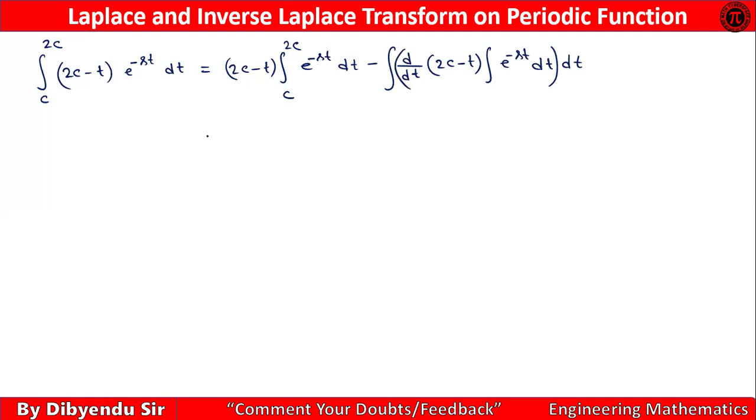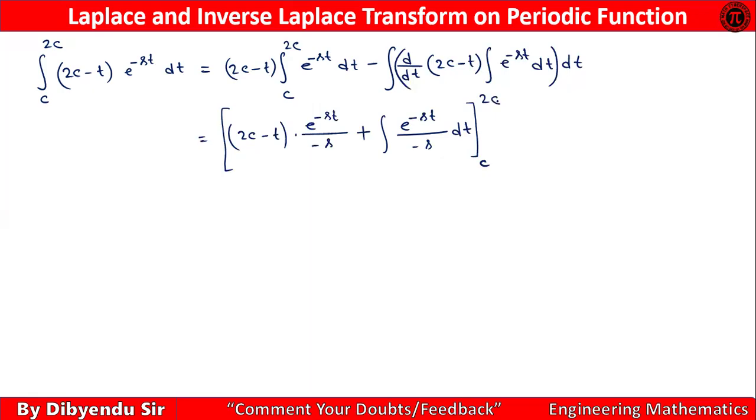So you are getting (2c minus t) into e to the power minus st divided by minus s, minus integration of the derivative of 2c minus t, that will be minus 1. Minus minus is plus. So you are getting e to the power minus st divided by minus s dt, and the limit is c to 2c.